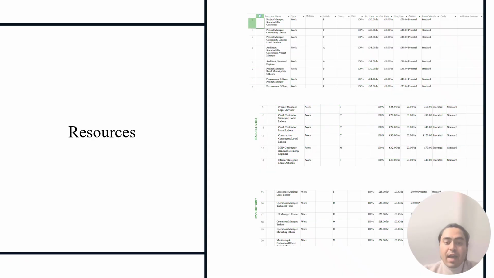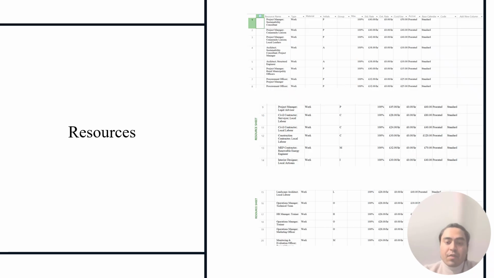For each resource, I have defined a standard hourly rate and a cost per use, which allows MS Project to estimate labor cost when tasks are assigned. From a social perspective, the plan gives priority to local contractors and local workers wherever possible, and includes resources for community liaison and training, recognizing that skill development is as important as the physical building.